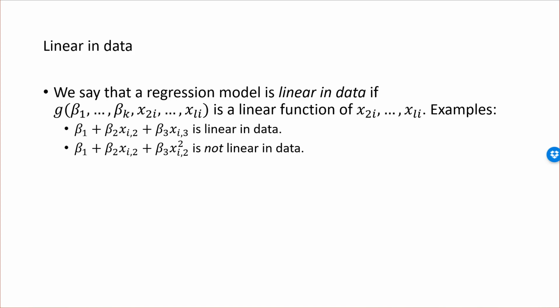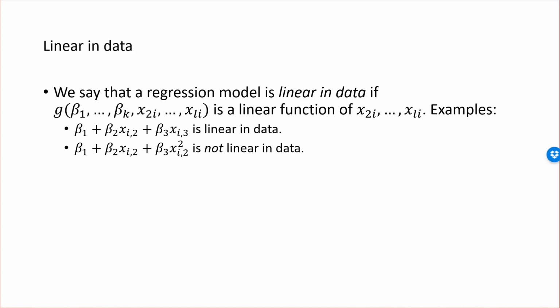Again, if you're uncertain, you can do the derivative test, differentiate with respect to an arbitrary x variable. If the answer contains any x variable, it is not linear in data. If I differentiate the second expression with respect to xi2, I'm left with beta 2 plus 2 times beta 3 times xi2.